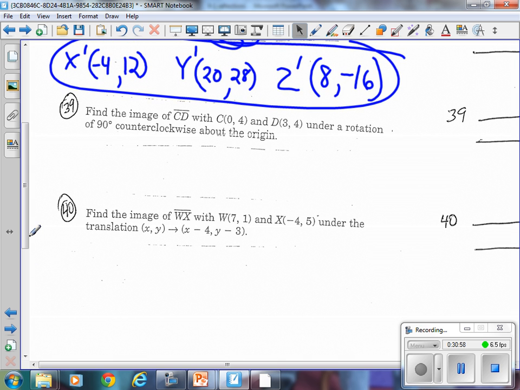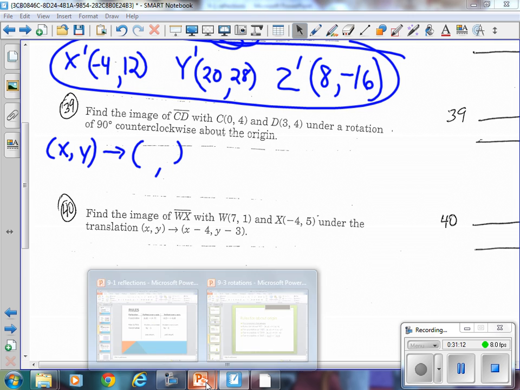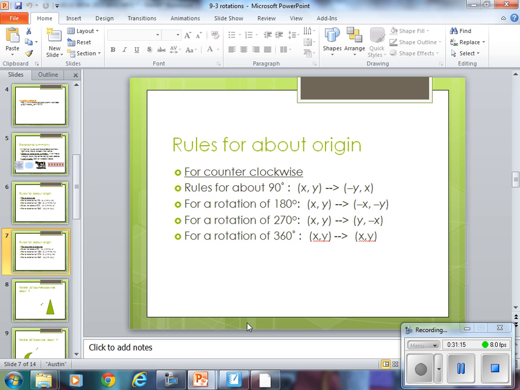Find the image of segment CD with the coordinates under rotation 90 degrees counterclockwise about the origin. Again, I'm going to go back to our notes here and find out what a rotation 90 degrees counterclockwise is. The rule for 90 degrees counterclockwise is xy goes to -yx. It switches the coordinates and takes the opposite of the new first coordinate.